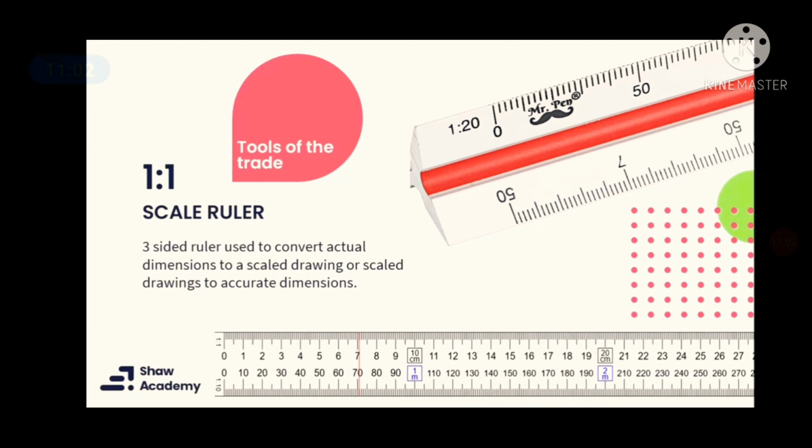This will depend on the size of your drawing compared to the actual dimensions described. So at the bottom of the page, if you see a 1:20 or a 1:10, you will know which part of the scale ruler side to be using. This will also help you accurately read your drawings.